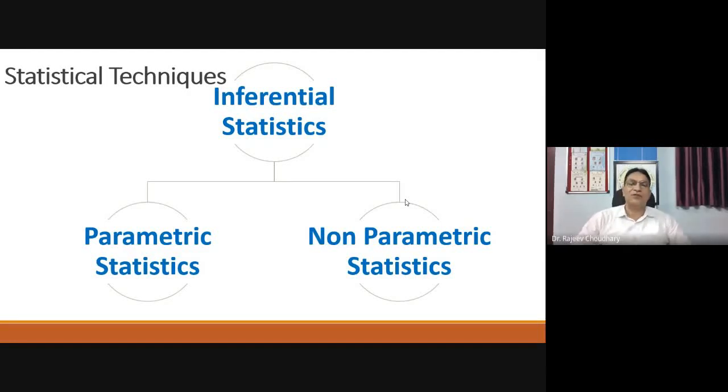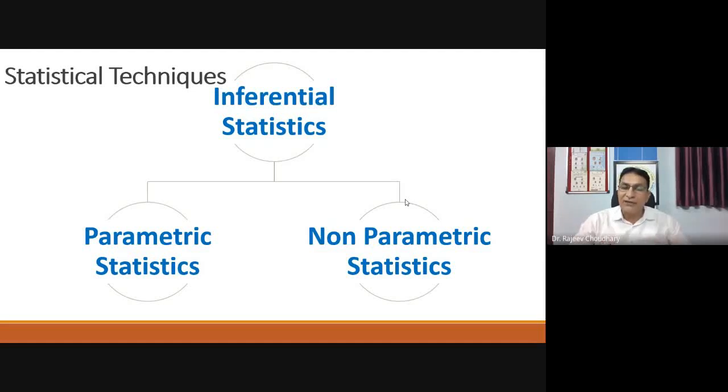We cannot blindly apply a technique that comes under the category of parametric statistics, because there are some assumptions. These assumptions should be fulfilled before applying parametric statistics. Then the question arises, what are these assumptions? Two categories of techniques are in front of you, parametric and non-parametric.